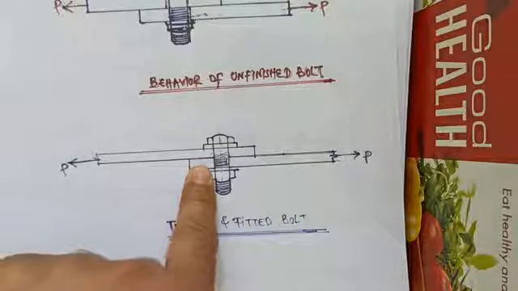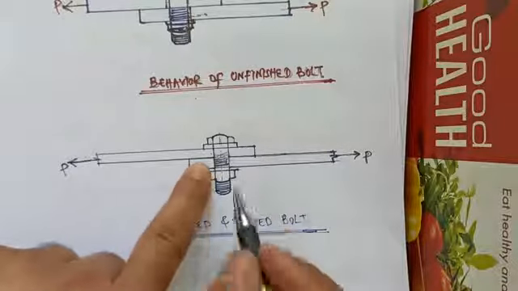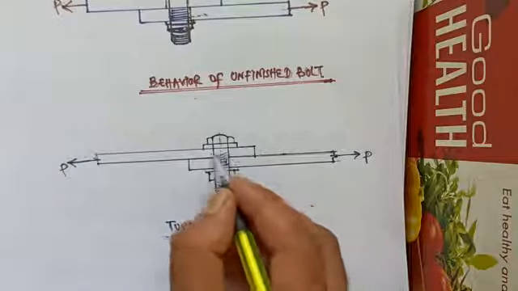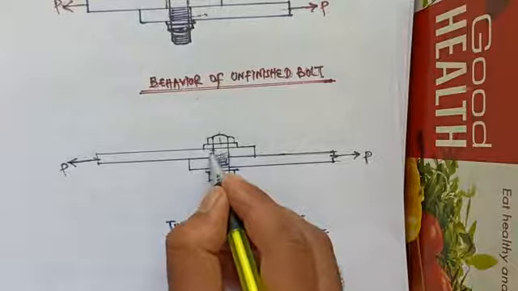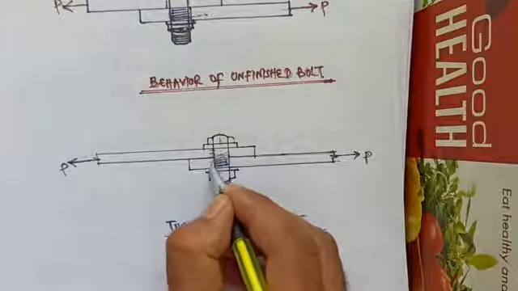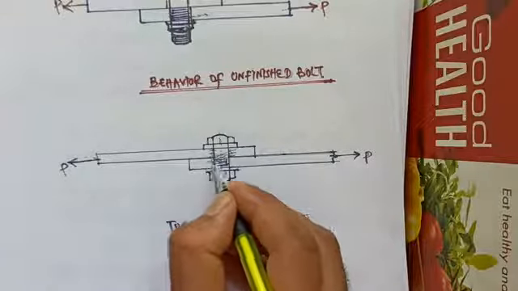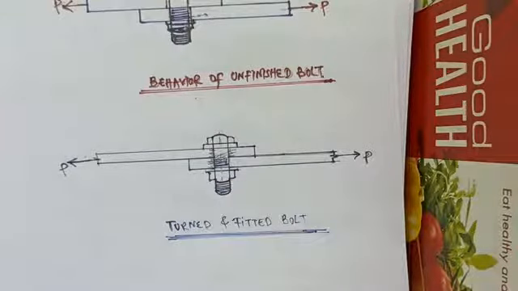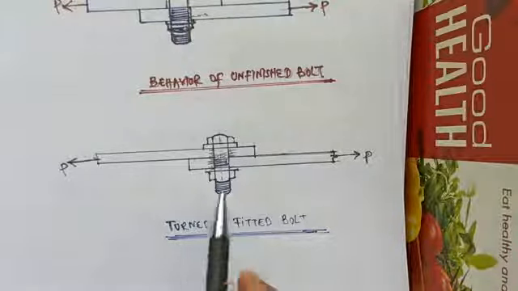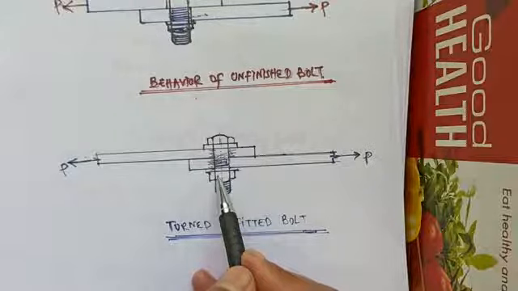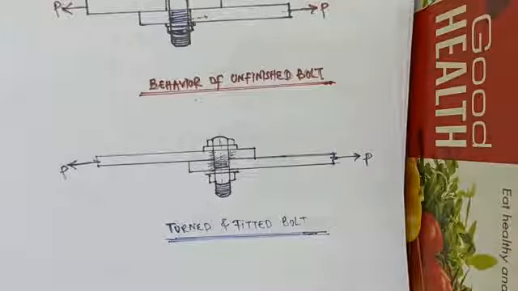The load for such a case is directly transferred by bearing and shear in the bolt. So there is direct load transmission by bearing and shear in the bolt. So no localized bearing stresses are produced. Therefore, higher values of load can be permitted in the case of turned and fitted bolts.